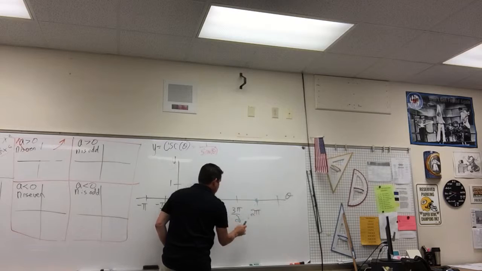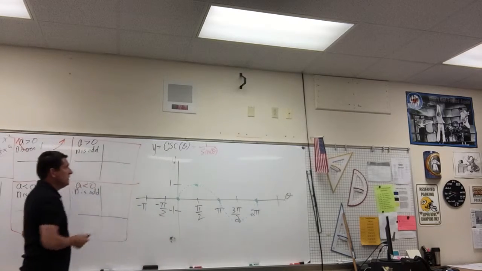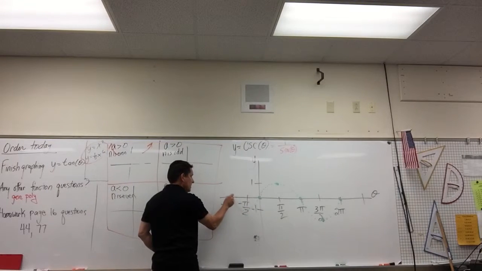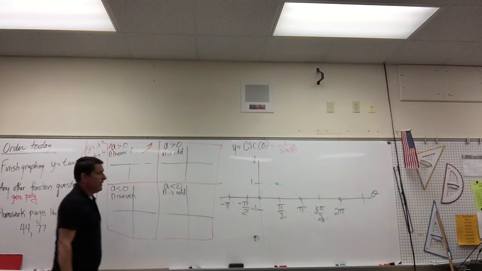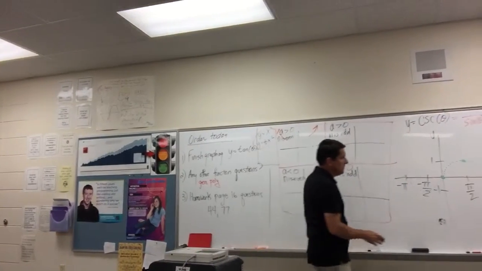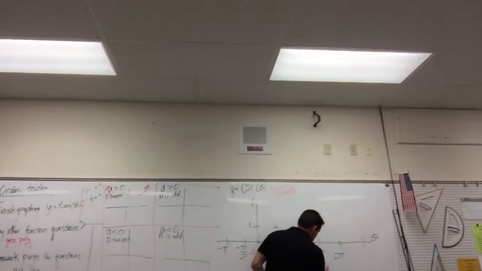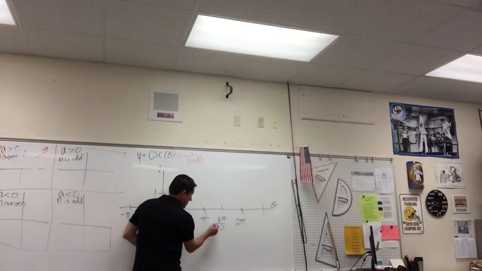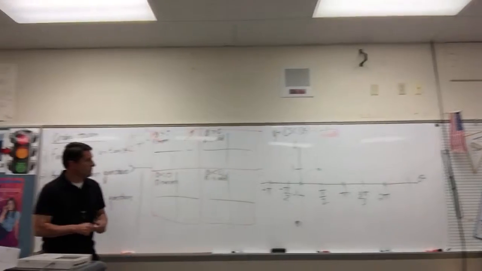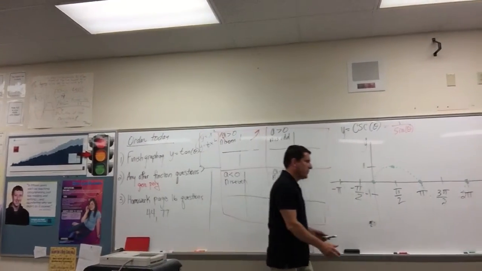We're going to borrow those values. This is only the graph of the sine of theta. But the function uses the reciprocal of the sine. Okay? Okay, so what's a reciprocal?